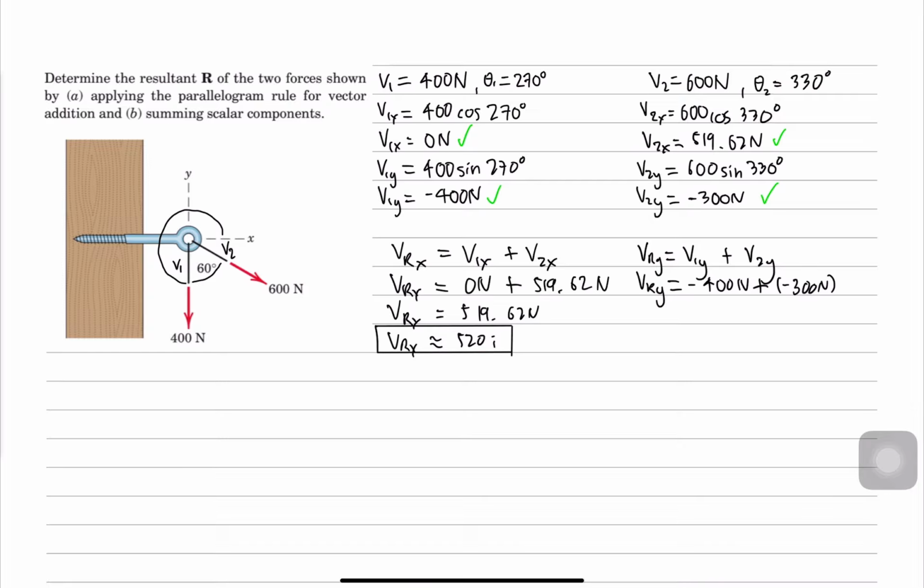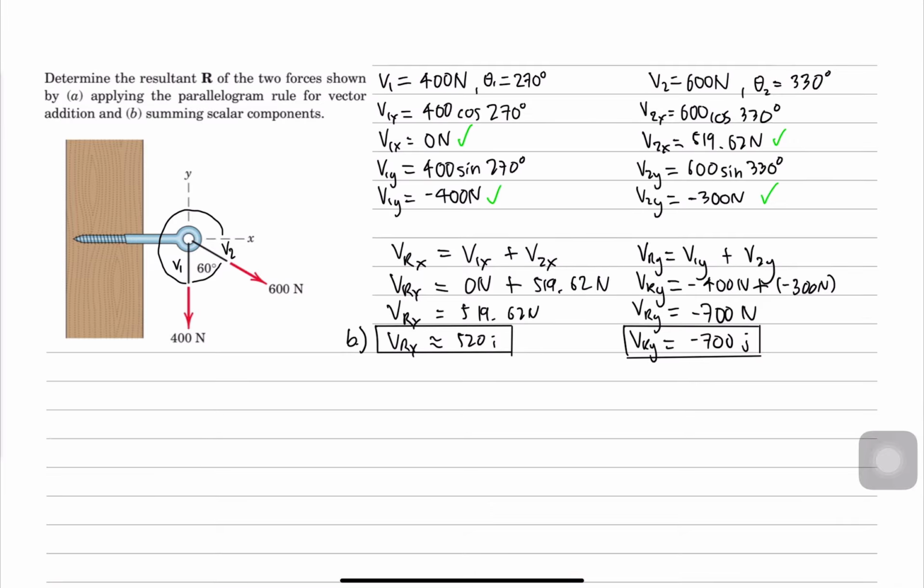So 4, 5, 6, 7, that should equal negative 700 newtons, or negative 700 j hat. That should be our answer in letter B, because that is summing the scalar components. Now we're going to go back to letter A.